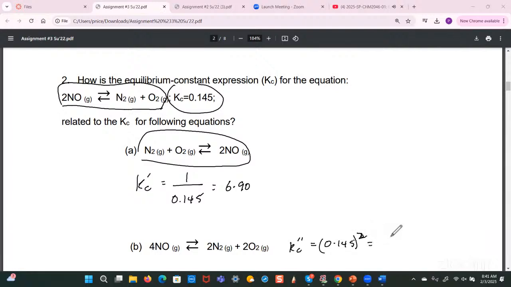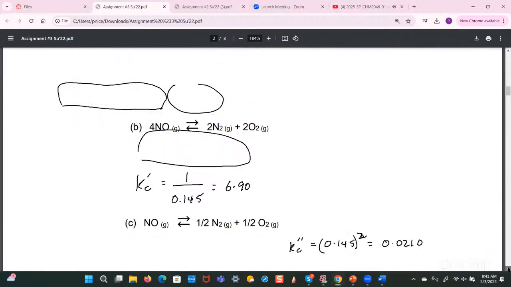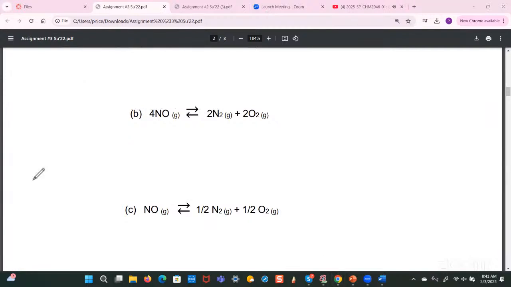According to my calculation, this would be equal to 0.0210. Okay, so that was B.